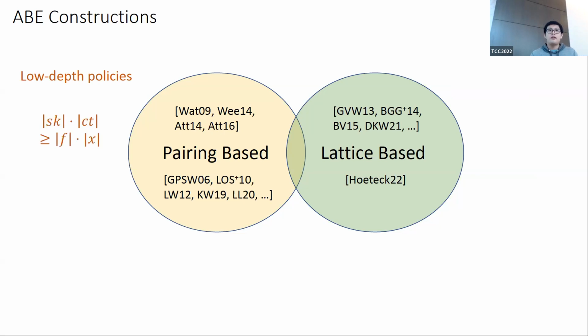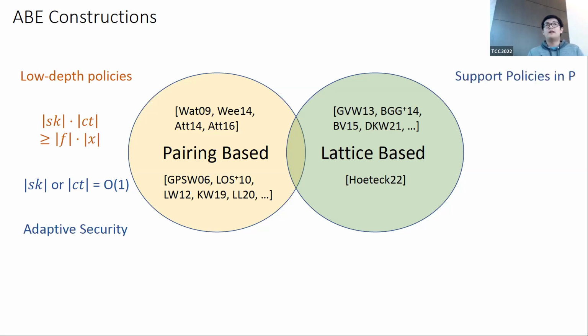The constructions achieve different trade-offs between the size of the ciphertext and the secret key, but their product happens to always be at least the size of F times X. So pairing-based constructions can achieve constant size secret key or ciphertext, although not both at the same time. And they can achieve the stronger adaptive security.